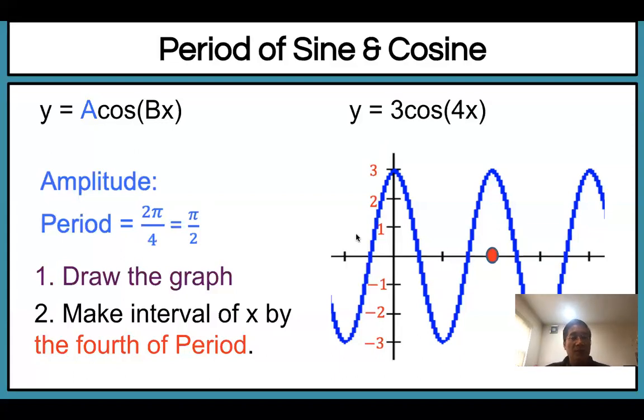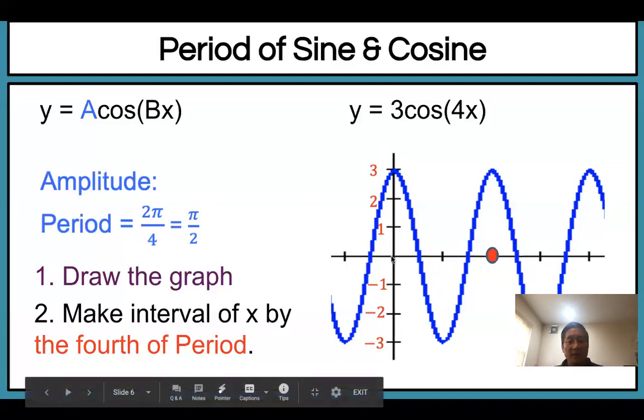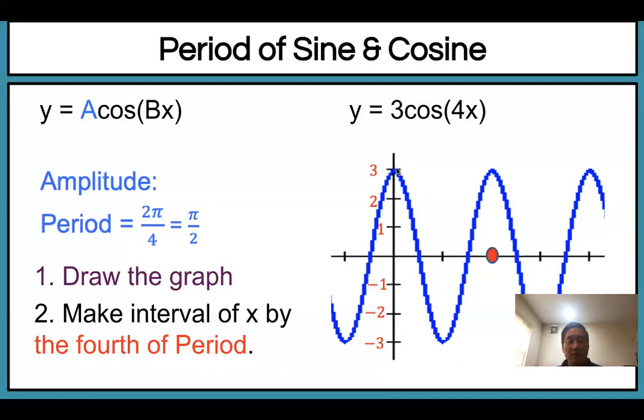If you put it into the calculator, you will see the graph shape is like this. It starts when x is 0, with amplitude 3, so you start from here. And first you are always going to mark the intervals: make 4 intervals for the x-axis and go further, 4 intervals for one cycle.